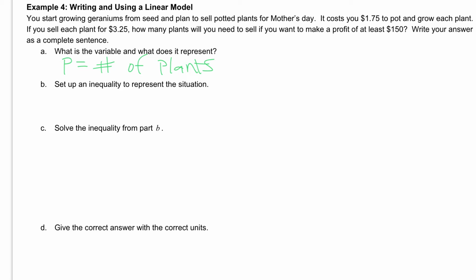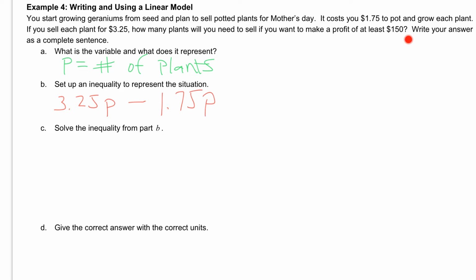So we could set our inequality up, the first part, as $3.25 times P. That's a positive amount of money that we're getting, $3.25 for every plant. However, then we have to take out how much it costs. So then we have to subtract out the $1.75 for every plant that we have.